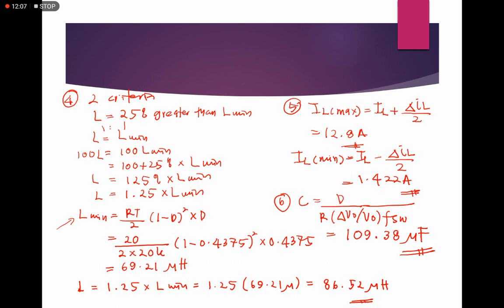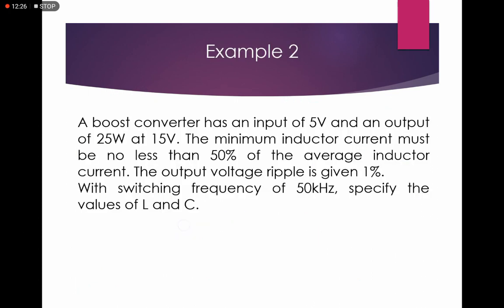If you use that criteria, obviously you will get a different value of L and different value of C, as well as different values of IL max and IL min. But that is not wrong, it's still correct, no problem. You can use either one of the criteria. Okay, give it a try on this example number 2.